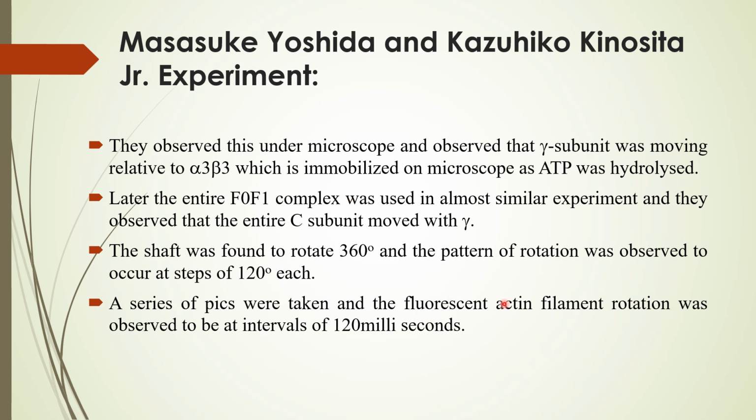So this is how the gamma subunit is rotating. This was observed as they took photographs of the fluorescent actin filament movement in a series, they summed it up, and finally they saw that it is the gamma subunit which is contributing to it, and even the entire C subunit is also moving.